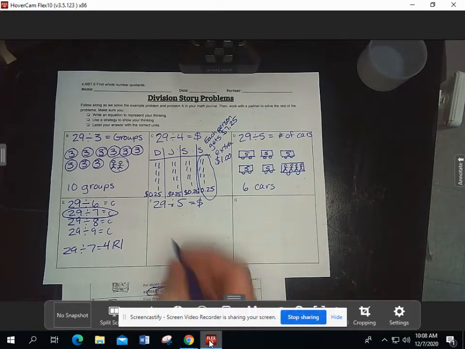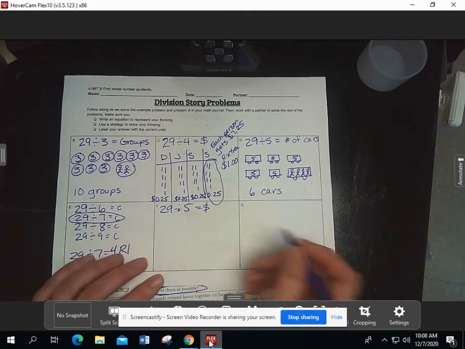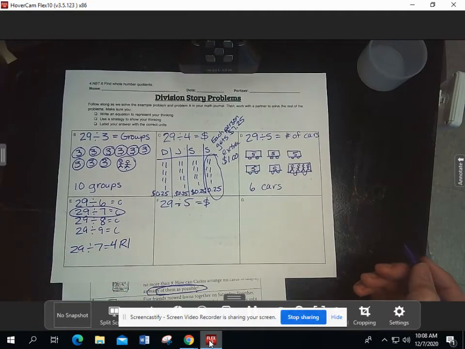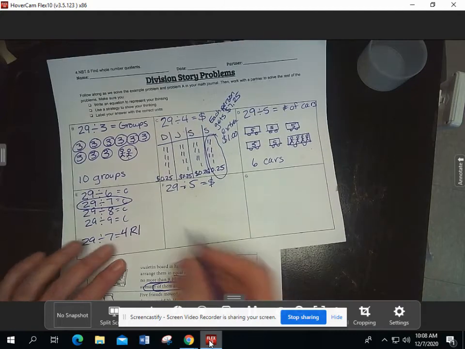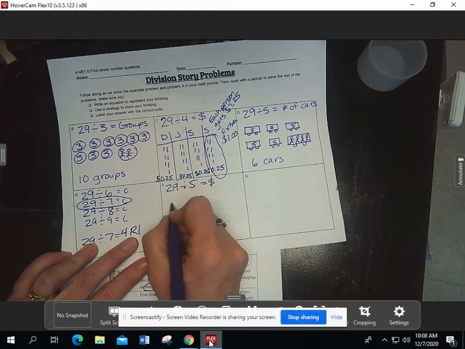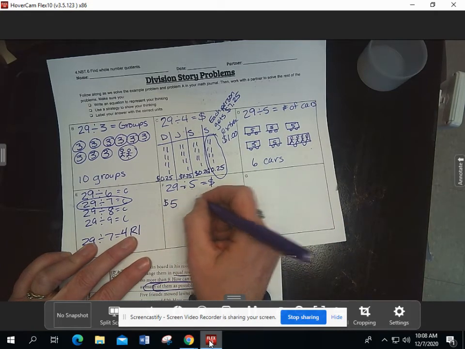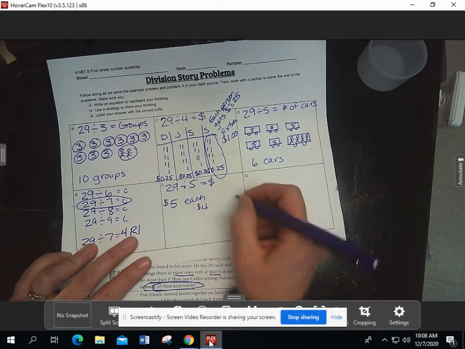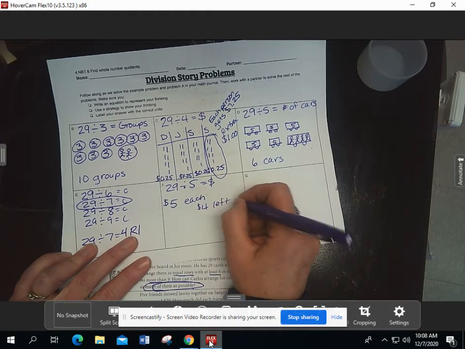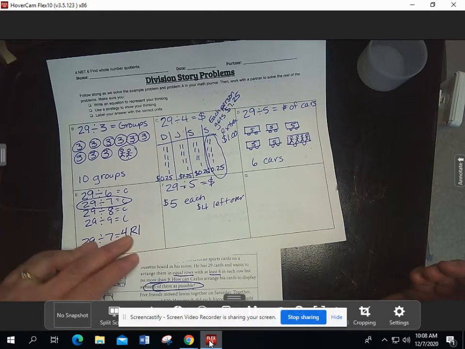Okay. So first of all, he says of each of the 5 friends, they each get $5, correct? Yeah. And now we have $4 left over. Okay.